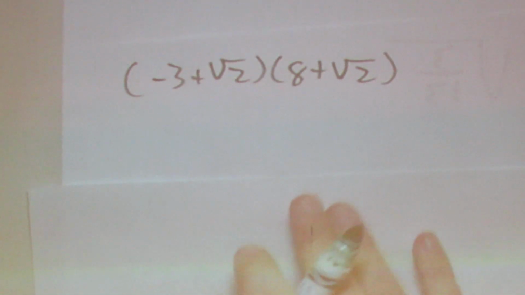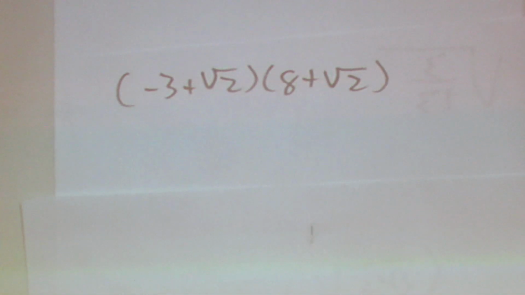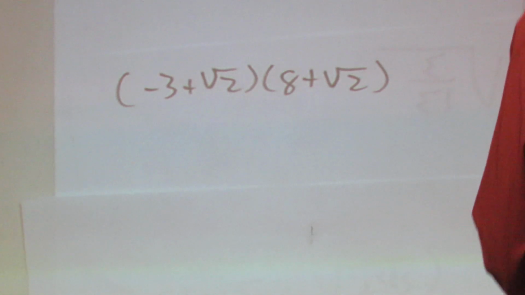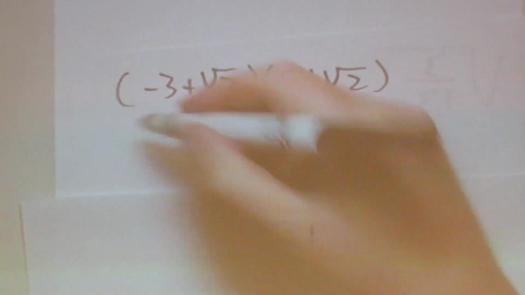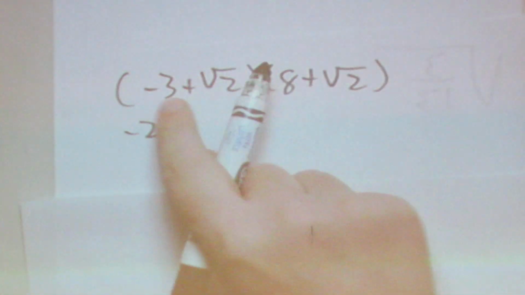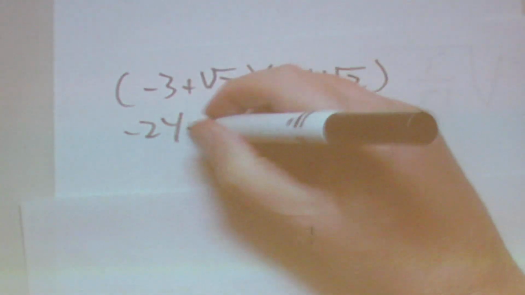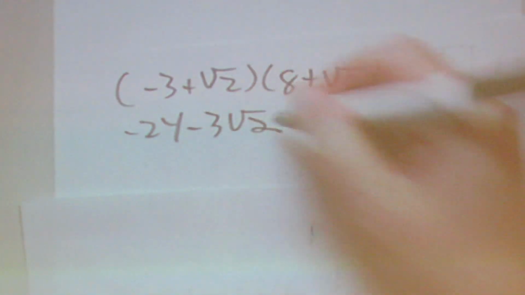Then let's say that we have negative 3 plus square root of 2 times 8 plus square root of 2. So here we're going to go back to using the FOIL. Negative 3 times 8 is negative 24. Negative 3 times square root of 2 is minus 3 square root of 2.